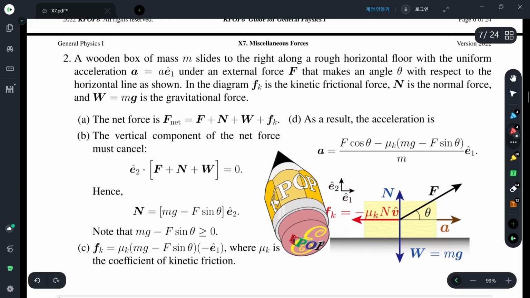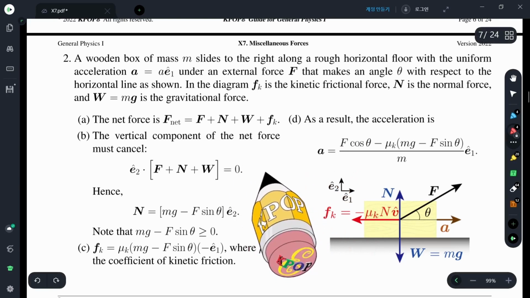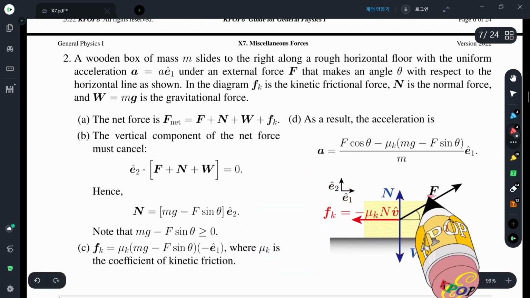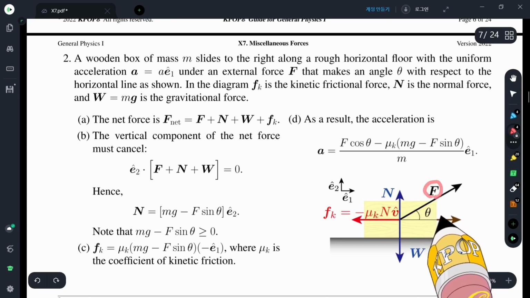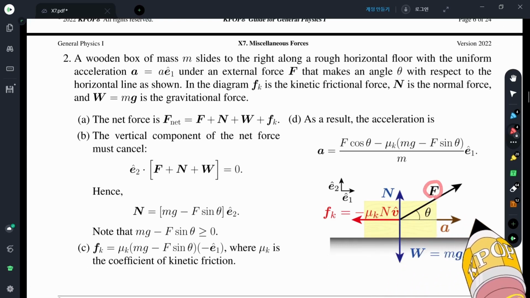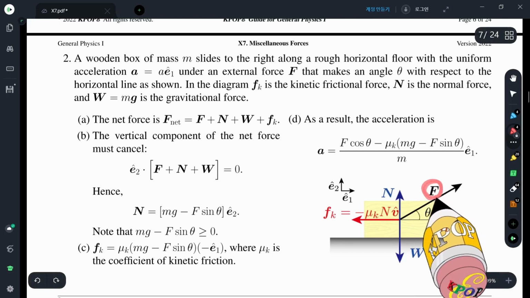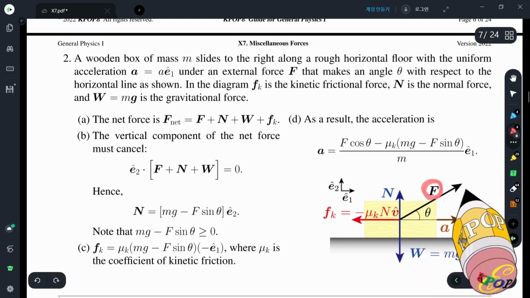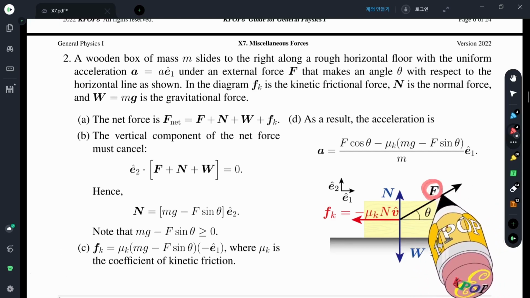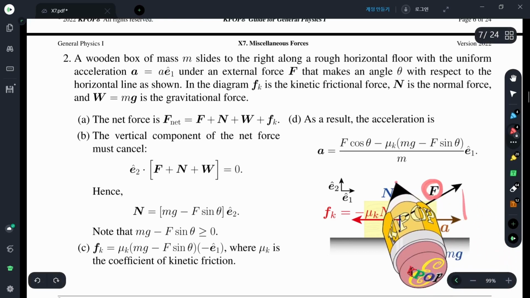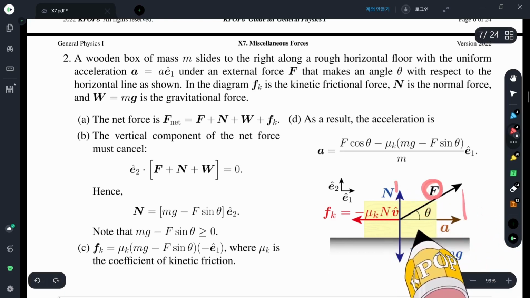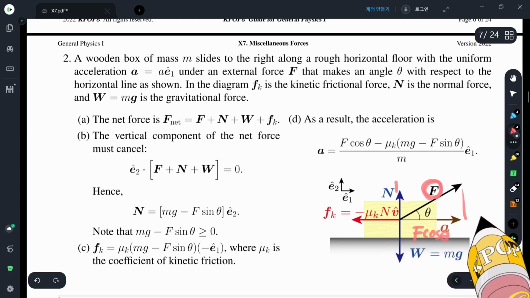Let's consider a slightly more complicated situation. The applied force is not parallel to the surface, but has some angle. In that case, we can decompose this force F into two pieces. One is parallel to the motion and to the surface, that is F cosine theta.